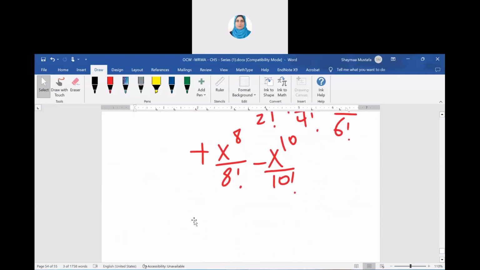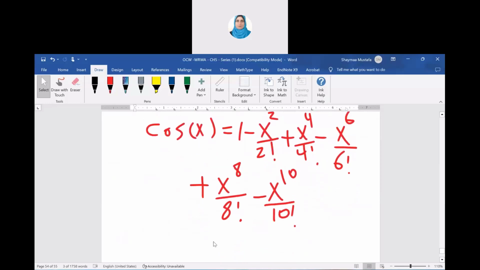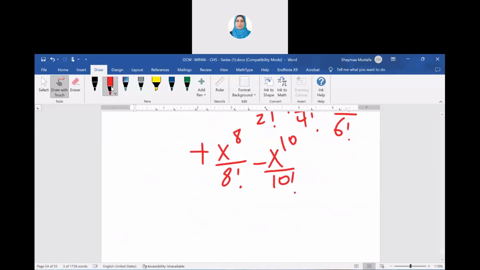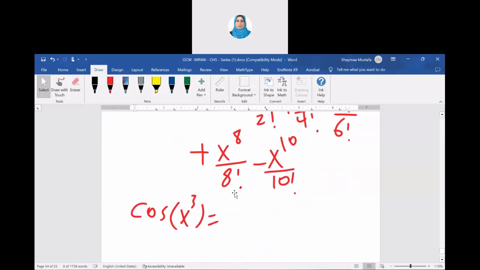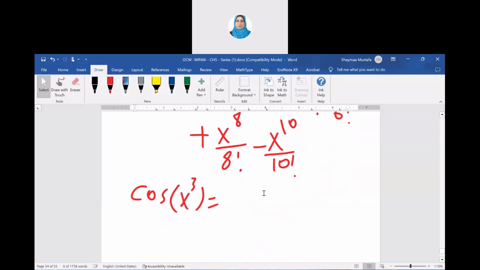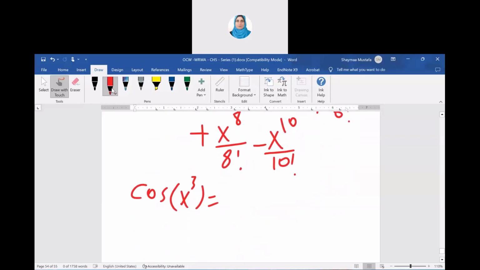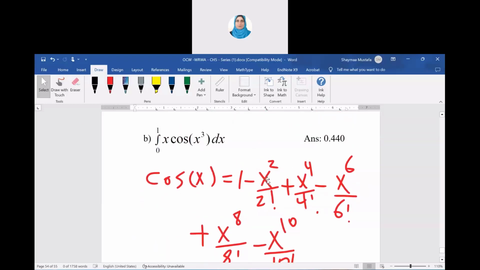Now we need to find cos of x cubed. So you need to replace each x by x cubed. Cos x cubed, and then multiply by x. So you have 1 minus x squared over 2 factorial, which becomes x to the power 6 over 2 factorial.